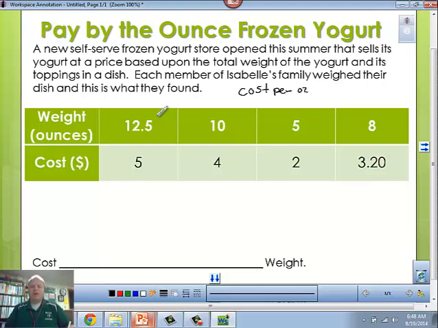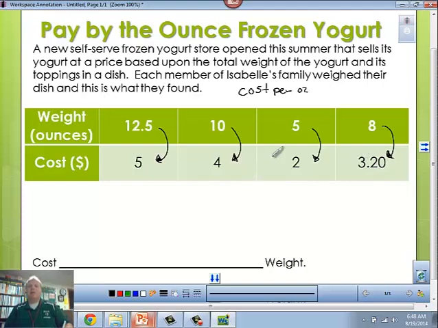Well, if we look, I did something to 12.5 to get me to 5. I did something to 10 to get me to 4, something to 5 to get me to 2, and something to 8 to get me to $3.20.